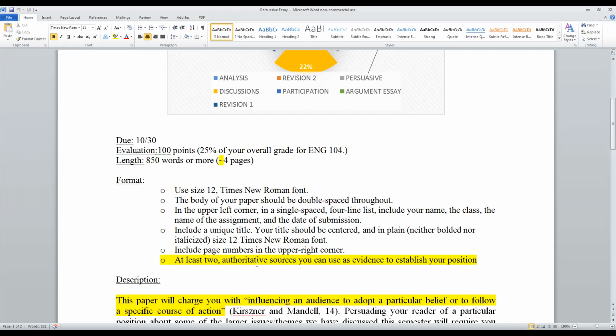Well, I'll give you the easy answer and I'll give you the professorial answer. 2 sources, of course, you can always use more, but 2 sources, I think, balance out a 3.5-page essay relatively well. But the true answer is that you should use as many or as few sources as you need to persuade your audience of your perspective.